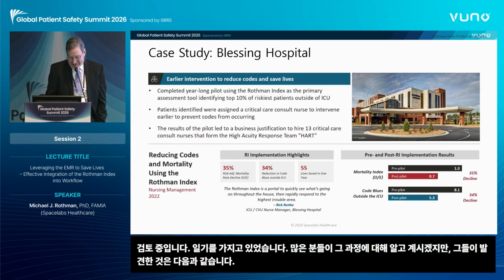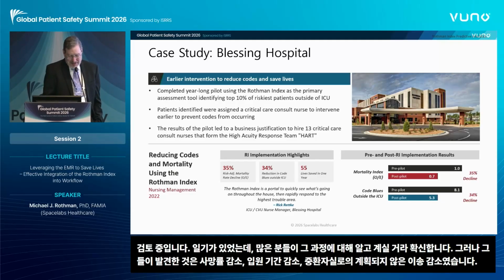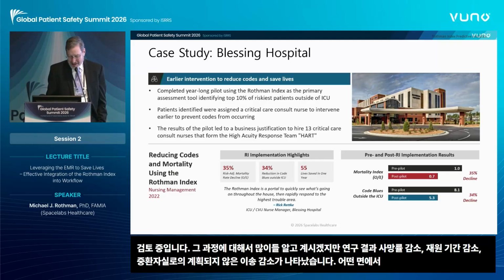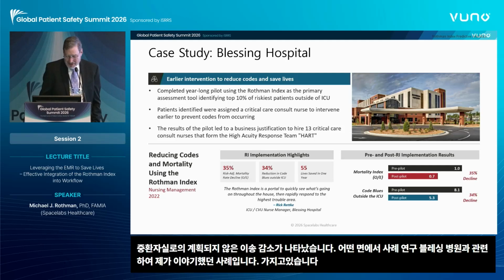In terms of case studies, this is the case I was talking about with regard to Blessing Hospital, and having these dedicated ICU or dedicated high acuity response team nurses made all the difference.